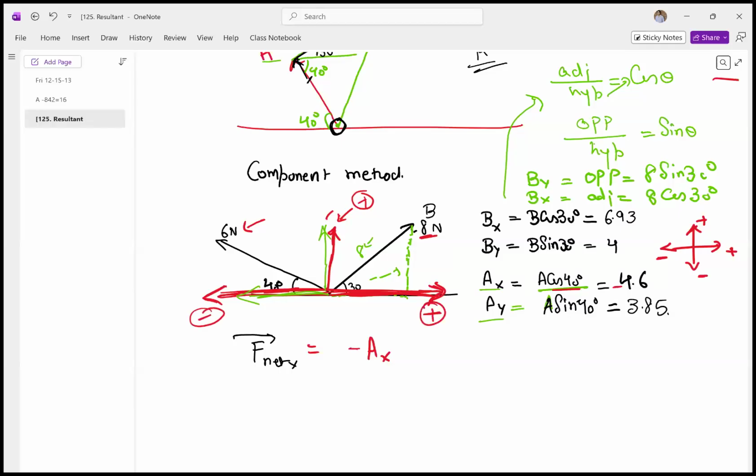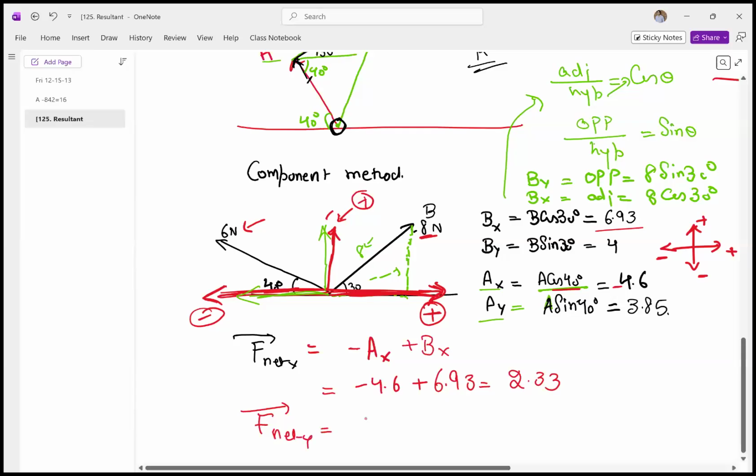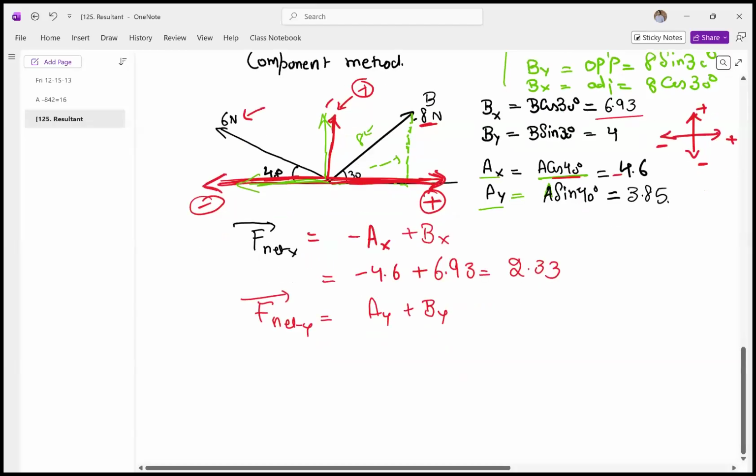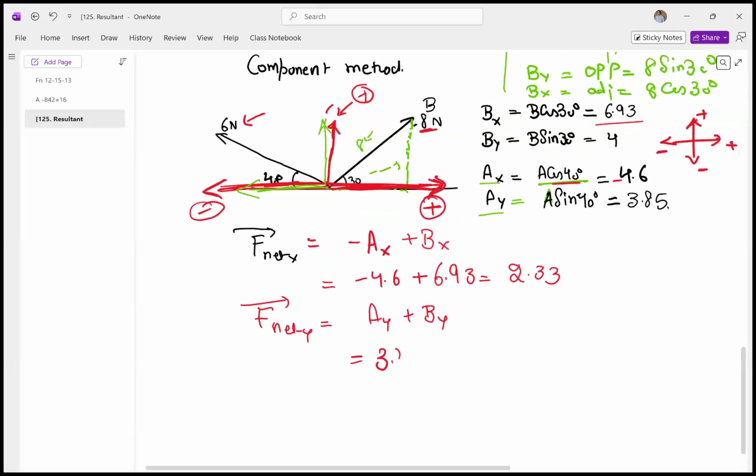So A is negative, Bx is positive, and that's going to give you negative 4.6 plus Bx, which is 6.93, which will be 2.33. And F net y is equal to Ay plus By, and that comes across as 3.85 plus 4, which is 7.85.